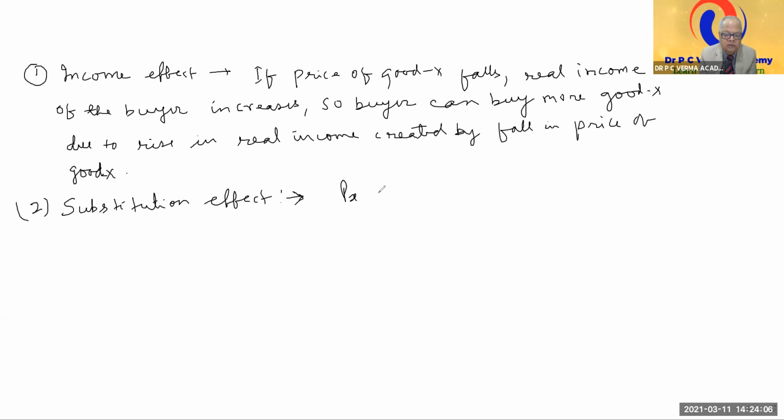Two is substitution effect. Price of X falls, but substitute good price is constant.